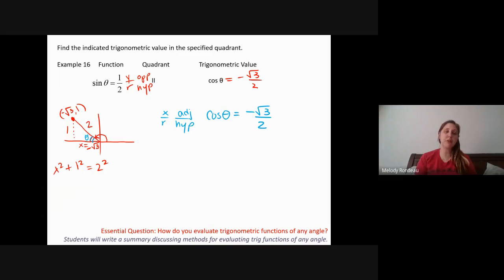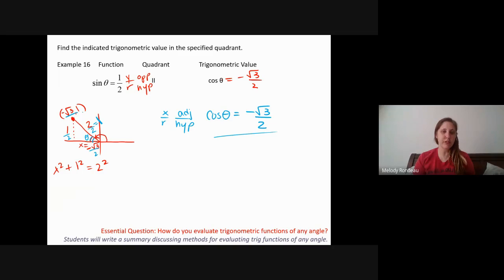So if I wanted to represent the unit circle, I could go through and divide every single side of my triangle by 2 to make my radius equal 1. It's a whole lot of background stuff that we don't often get into, but it's kind of important that all of these ratios are the same. I got the same answer whether I was using the unit circle or not, because the relationships are always the same.